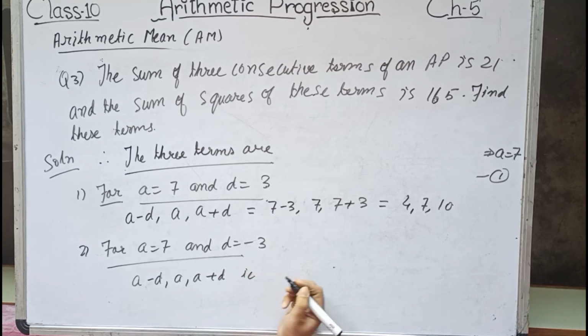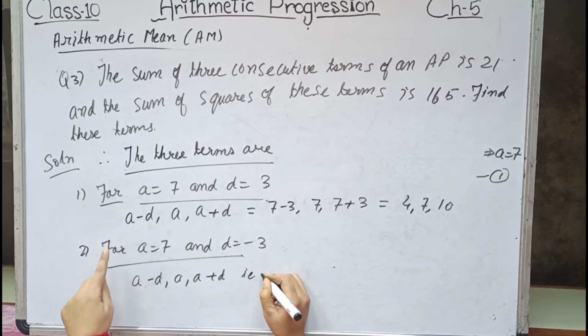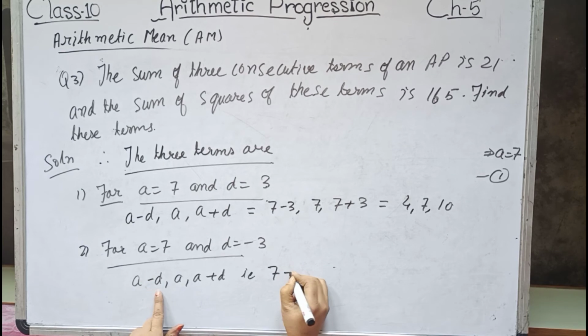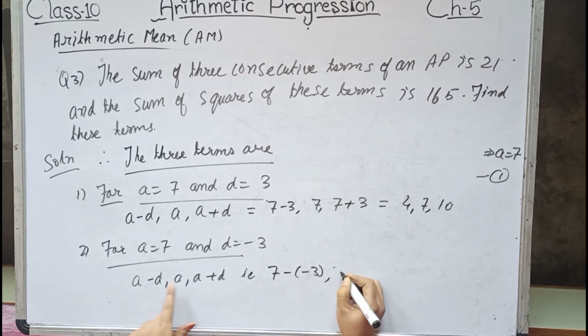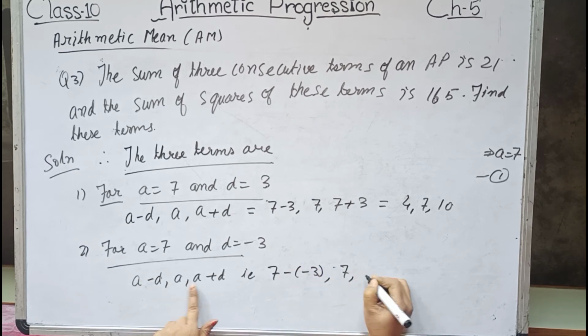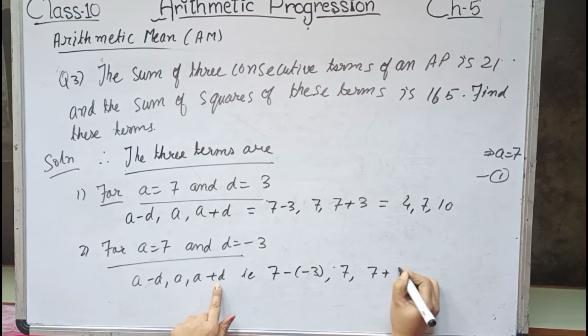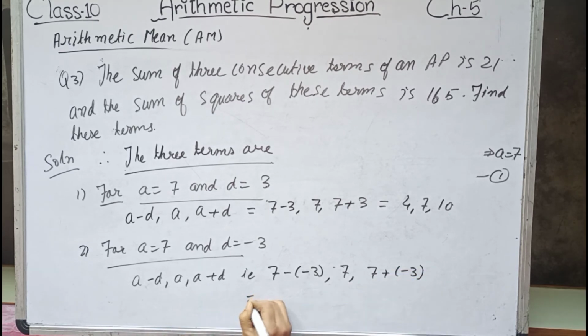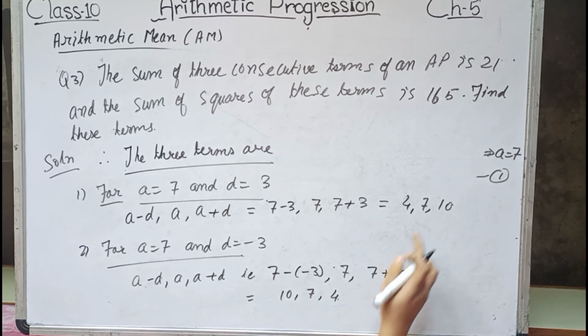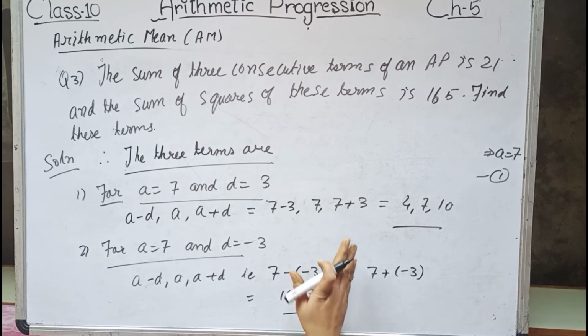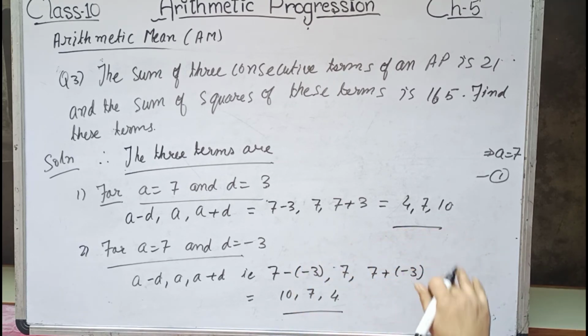That is, in place of a, 7 minus of minus 3, then the a value is 7, and 7 plus of minus 3, and this will be equal to 10, 7 and 4. So actually the digits are the same, but again I repeat, the order is here increasing and here decreasing.